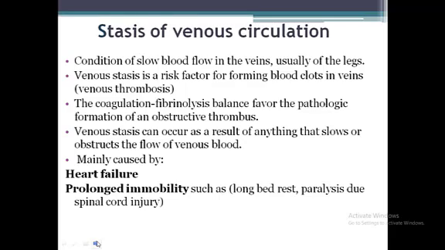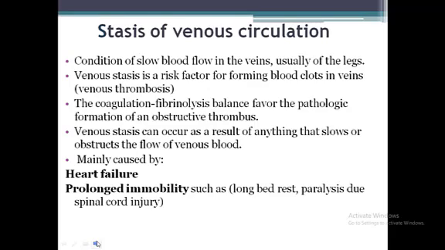We will start with stasis of the venous circulation. It is a condition of slow blood flow in the veins, usually of the legs, as we said. Venous stasis is a risk factor for forming blood clots in the veins, venous thrombus.